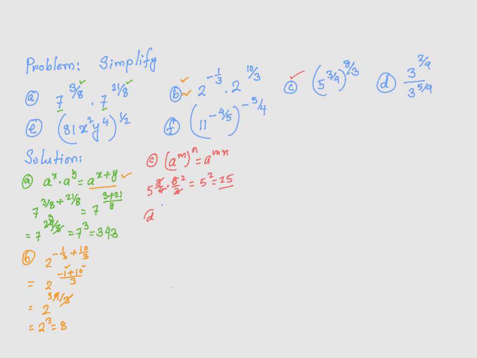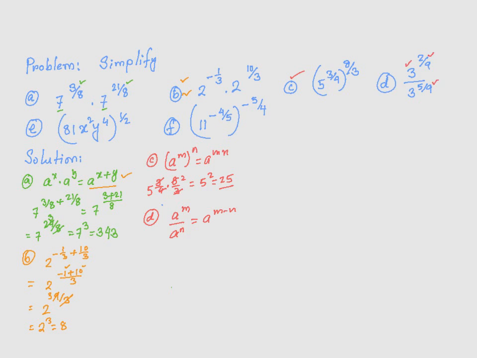And let's do d. For d, I'm going to be using this rule. Remember, a to the power m divided by a to the power n is a to the power m minus n. So in my context, my a is 3, m is 2/9, and n is 5/9.